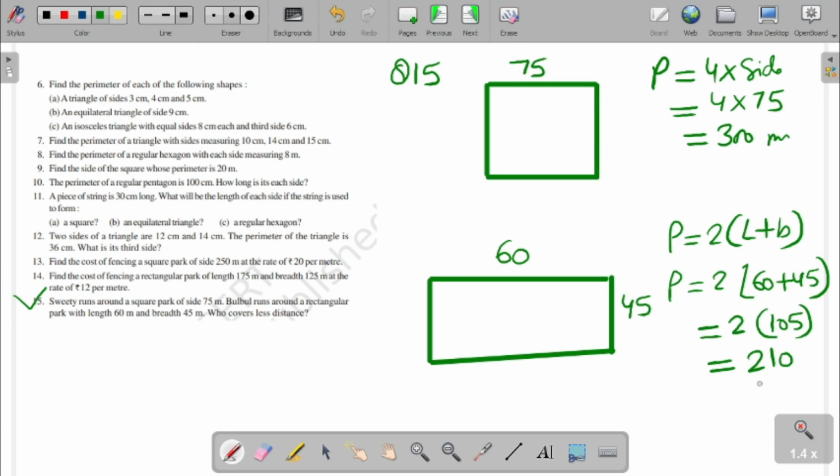So who will cover the less distance? Since Bulbul is running around the rectangular park, Bulbul covers less distance. So we will write here Bulbul covers less distance. Okay, so this is your answer of question number 15. So we will end here only.